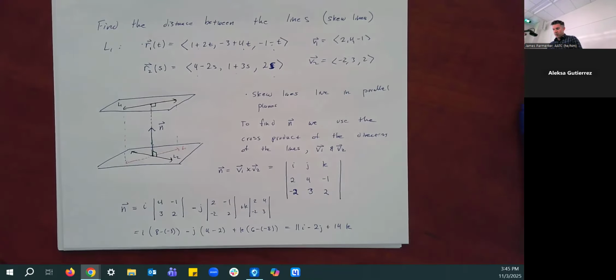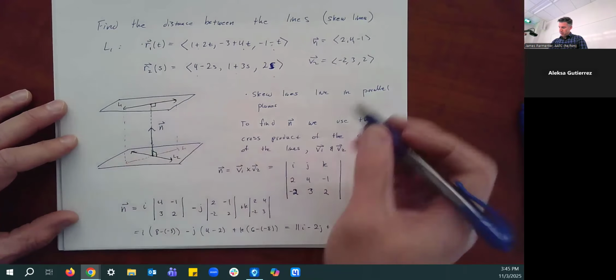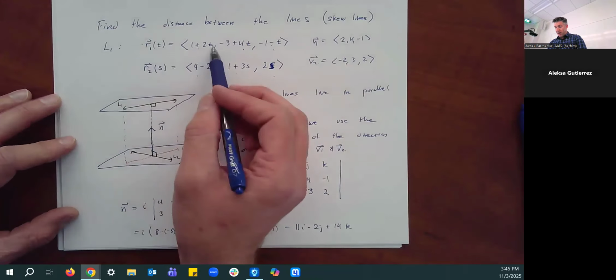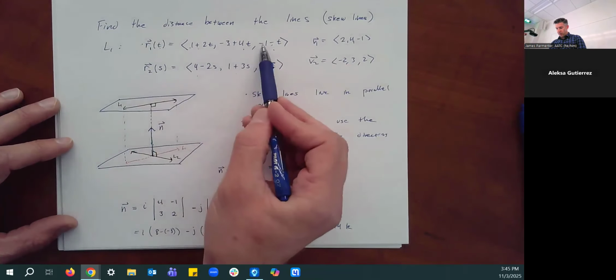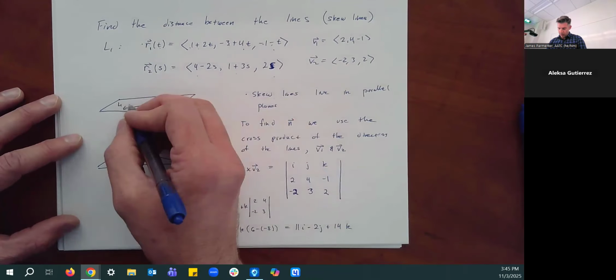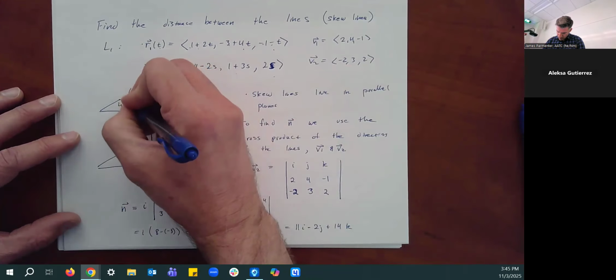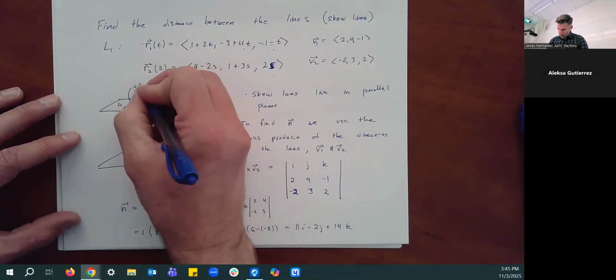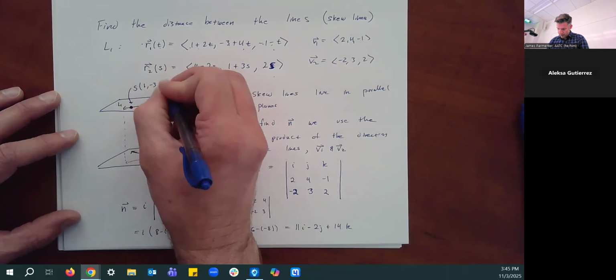So let's find a point on this line here. Let's say, so on L1, I'm just going to set t equal to 0 and get (1, -3, -1). So let's say this point here, that's our S, that is the point (1, -3, -1).